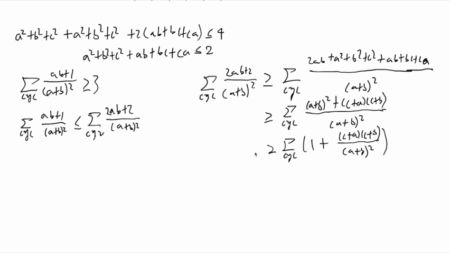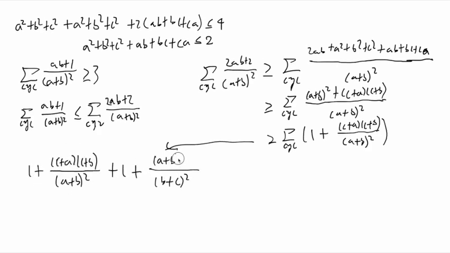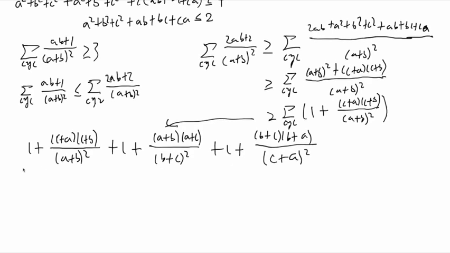So if I write this out, there's c. This is what we get when we expand it out. Now we know that this is equal to 3 plus these big things.